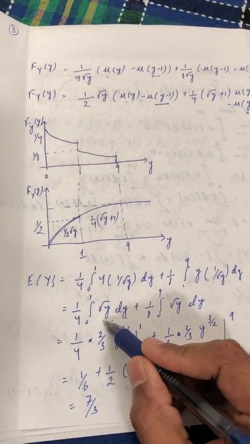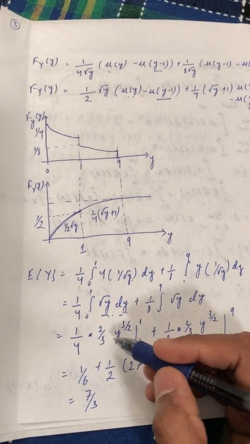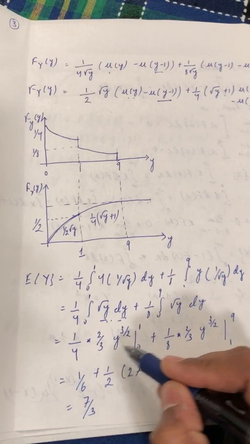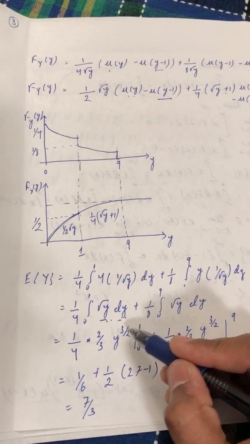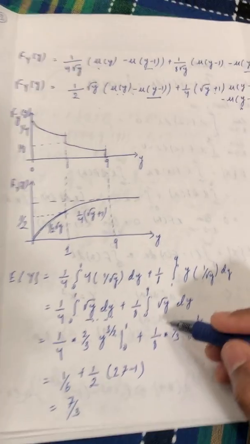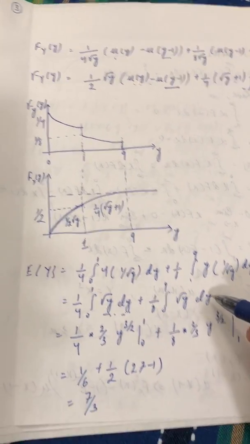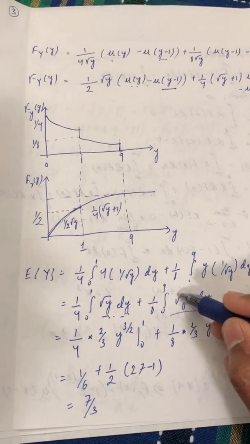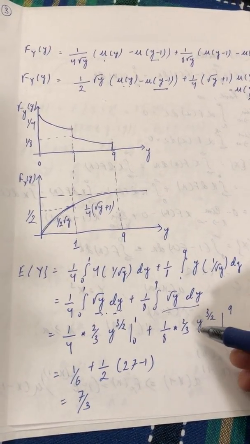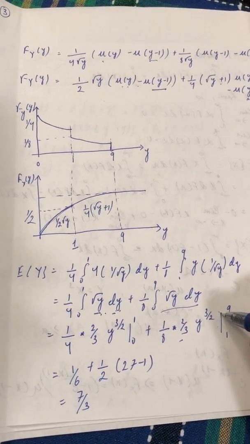By taking the integration of root y dy, we get 1 by 4 into 2 by 3 into y to the power 3 by 2, with the limit from 0 to 1. Similarly, we can obtain this for the second term. The integration of root y dy equals y to the power 3 by 2 into 2 by 3 for the limit 1 to 9.